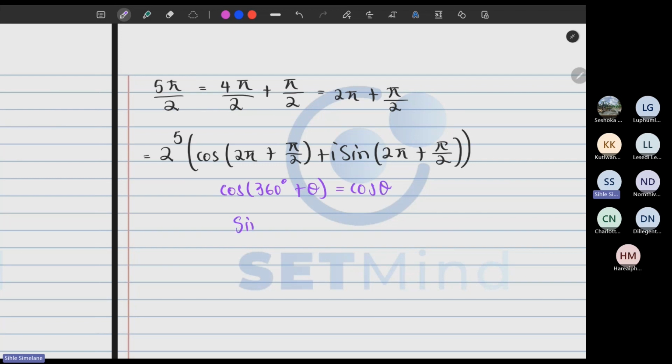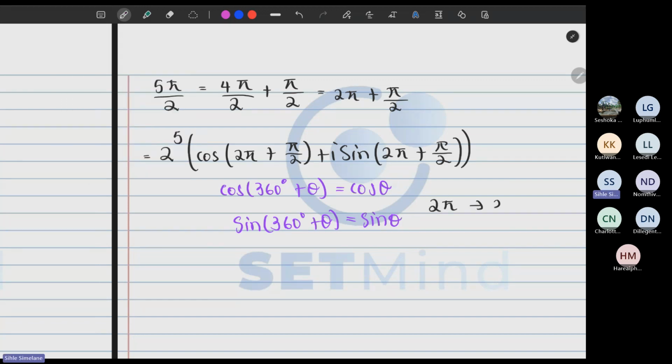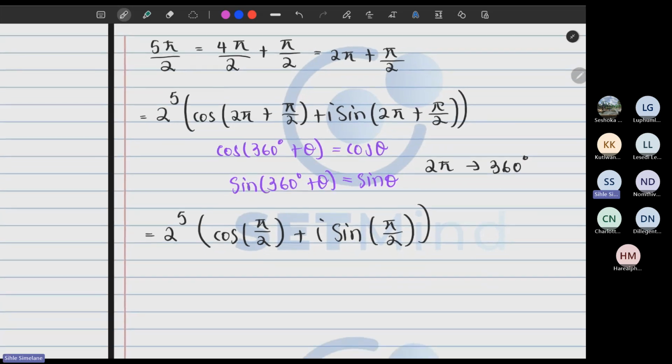Same goes for sine. Sine of 360 degrees plus any angle is sine of theta. And remember that 2 pi is equivalent to 360 degrees, 2 pi radians. So our answer should be 2 to the 5, open bracket, cos of pi over 2. We all know what cos of 90 is, plus i sine of pi over 2. We all know what sine of 90 is.